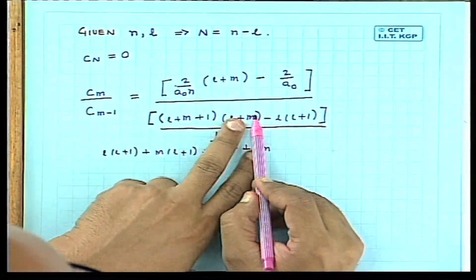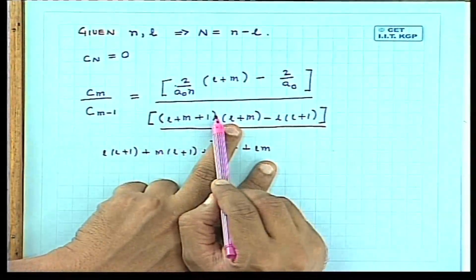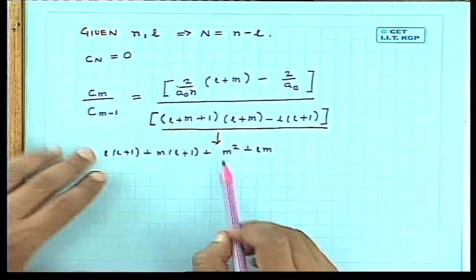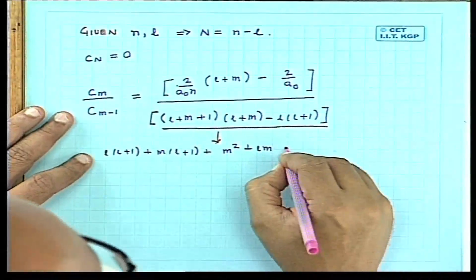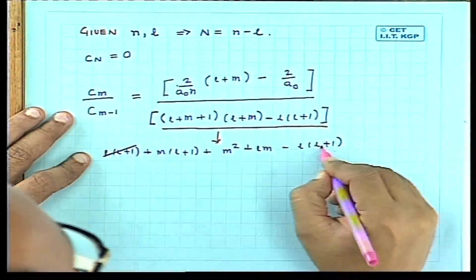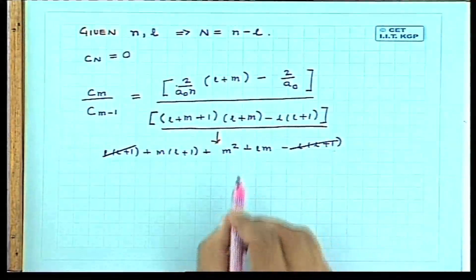So first I take the L multiplied by L plus 1, I take the m multiplied by m plus 1, the m remains, so I take m and multiply it here, L and multiply it here, which gives me these 4 terms, and I have minus L into L plus 1, so this cancels out with this, and what I have left is over here.